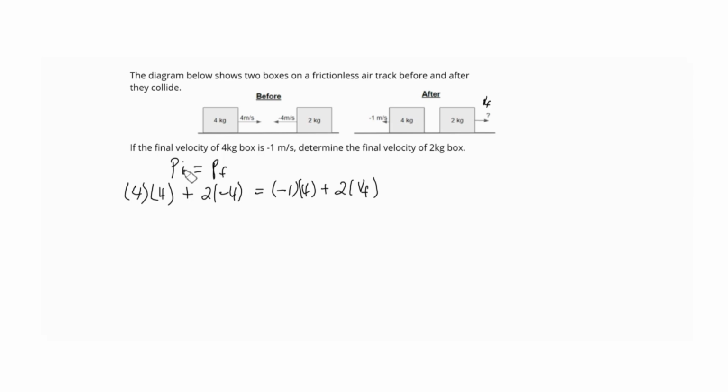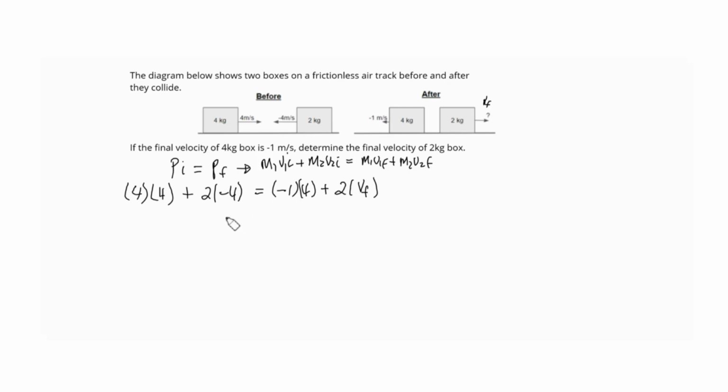And again, I kind of skipped a step here. The P initial is M1 V1 initial plus M2 V2 initial, and that must equal M1 V1 final plus M2 V2 final. And so that here is that guy there, that's him there, that's him there, and that's there.